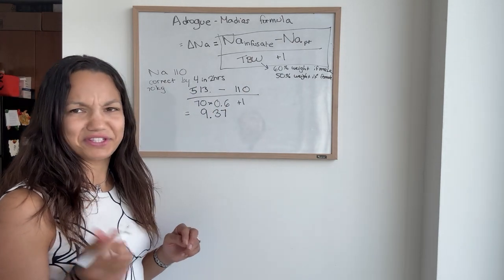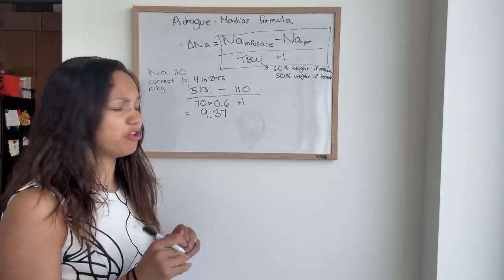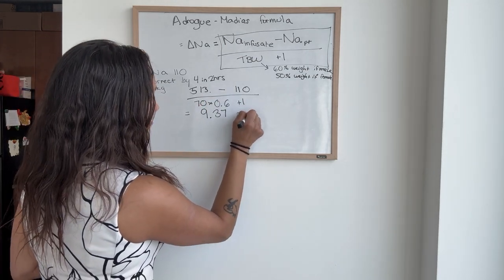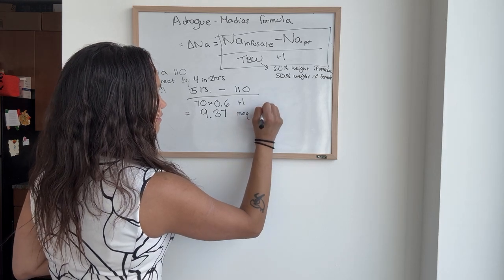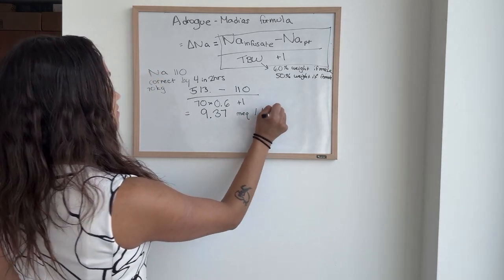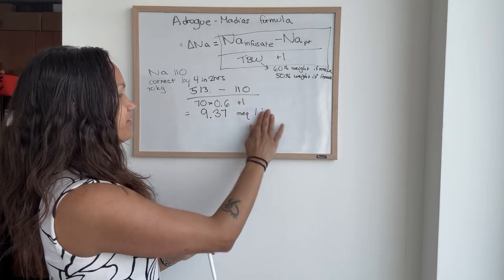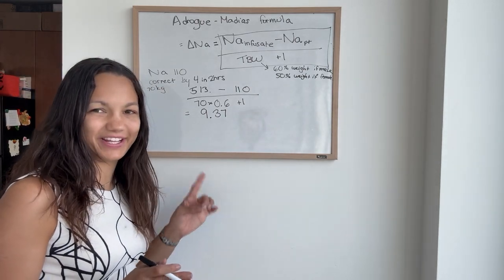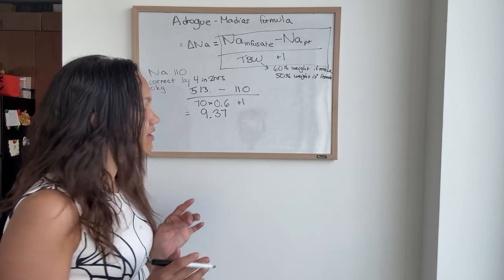I believe I wrote this down somewhere. My bad if it's a little bit off. So 9.37. Let's not worry about the units here for a second, because you're going to get this number and be like, okay, what do I do with this?